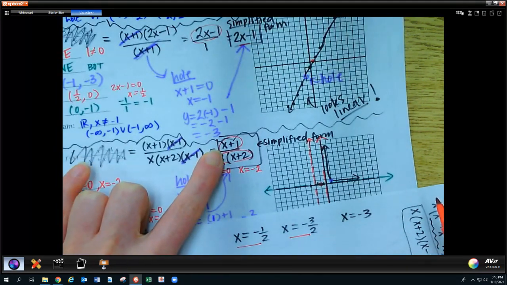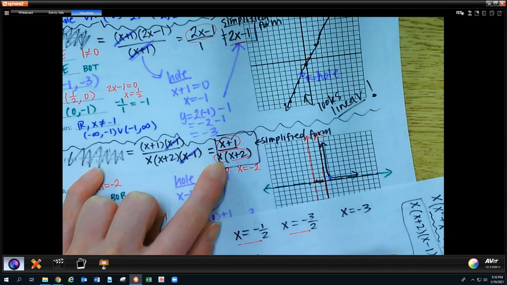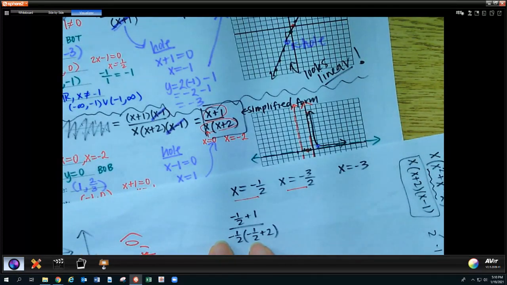So sticking with the middle, the simplified form, we're going to plug those into (x plus 1) over... so -1/2 plus 1, and then on bottom, -1/2 plus 2, times the -1/2. There's 3 places to replace that x value with.